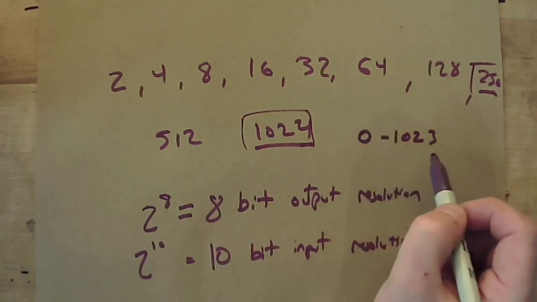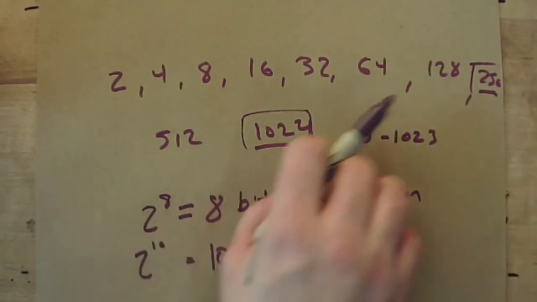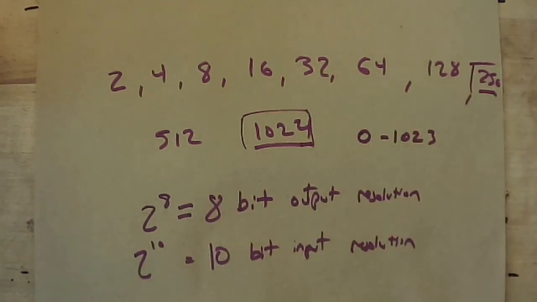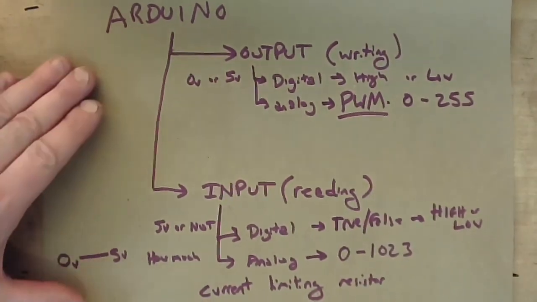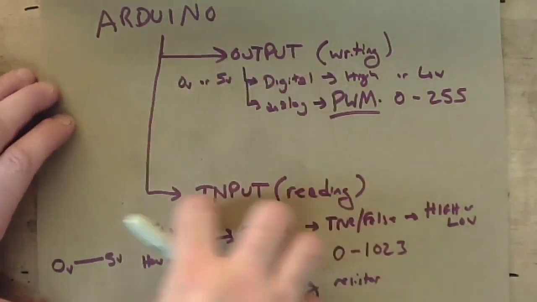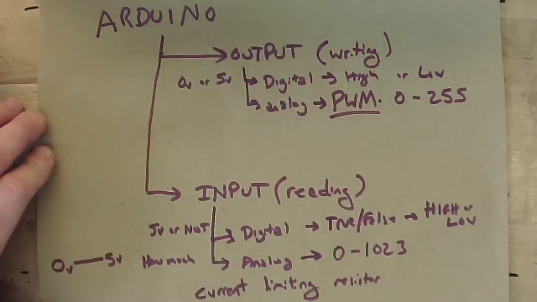So there are 1024 values in this range. So keep yourself attuned to powers of 2. And yeah, it's okay if this is a bit obtuse at the moment. We will play with this for real in our next class.